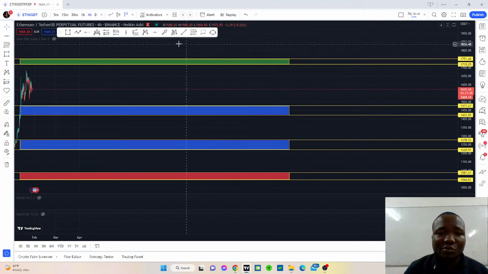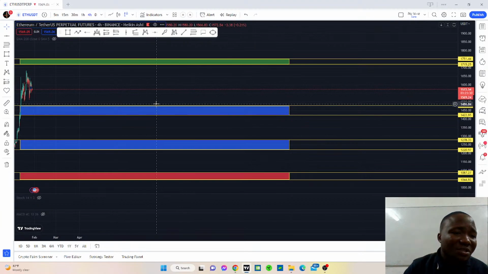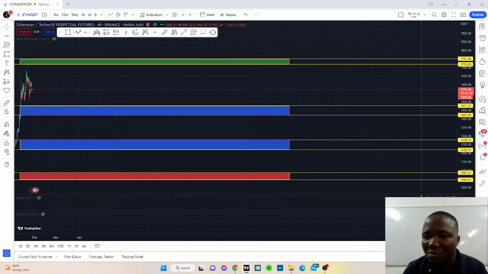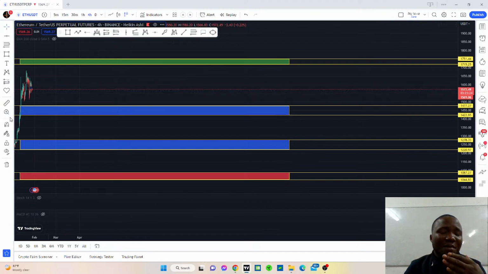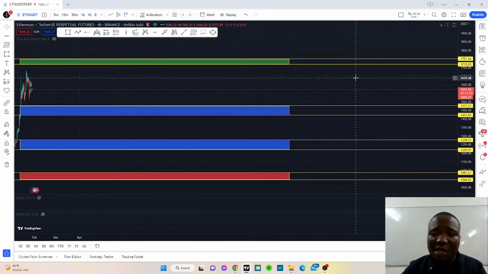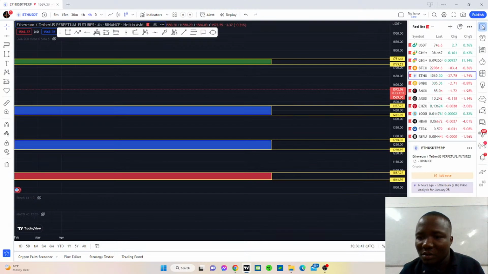So now you lock it. Now I told you you need to lock this. You can lock them like this, and you can also lock them like this. You go to object tree. Where's my object tree? You need to be familiar with your chart. So you go to object tree. You can see this object tree here.